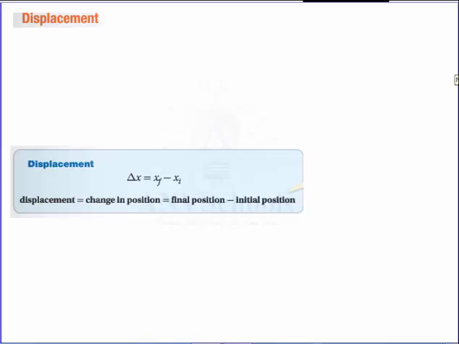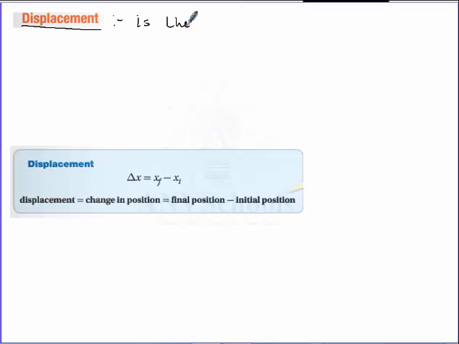Now, whenever we are talking about motion, we mean that the object is changing its position. So whenever it's changing its position, we will have a term called displacement. Let's see the meaning of displacement relative to motion. Displacement is a change in position. If we say an object is moving or displacing, we mean that it is changing in position.